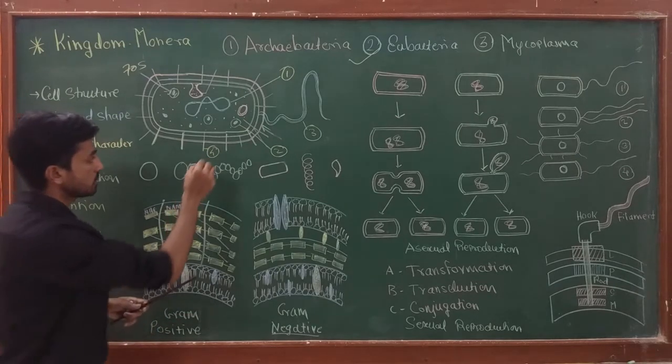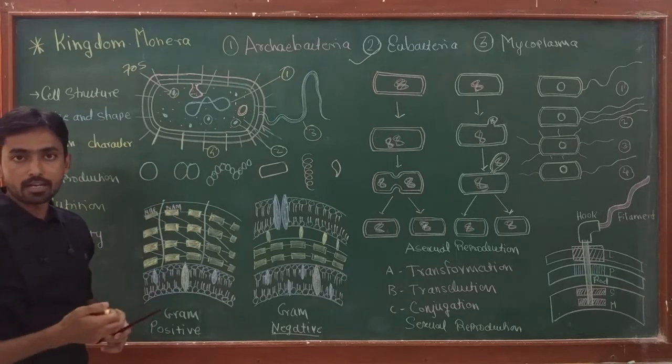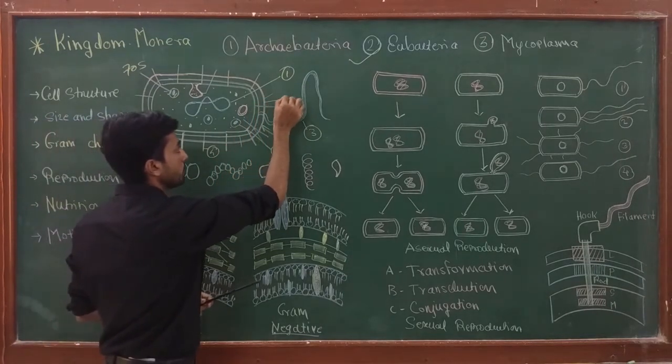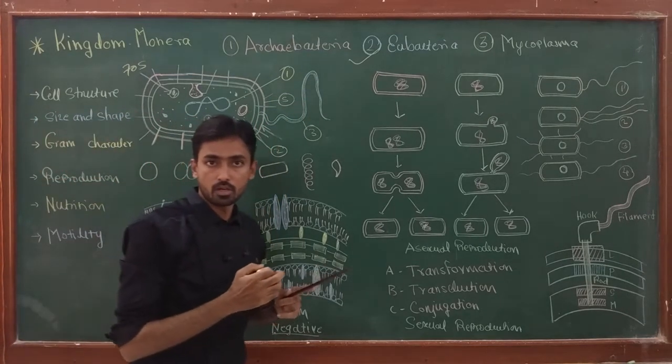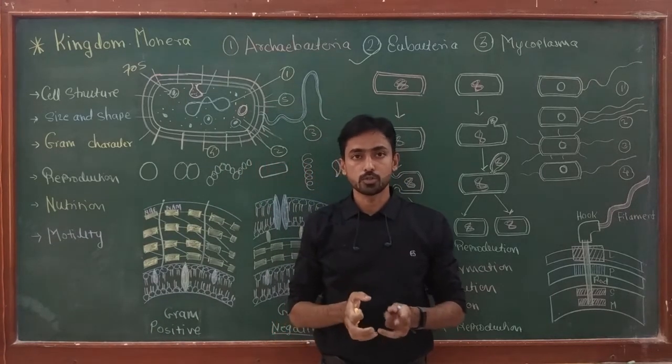Then the bacterial cell also shows the presence of a polysaccharide glycocalyx layer around the cell, which is called the capsule. These capsules are not present in every bacteria, but some types of bacteria generally show the presence of a capsule.